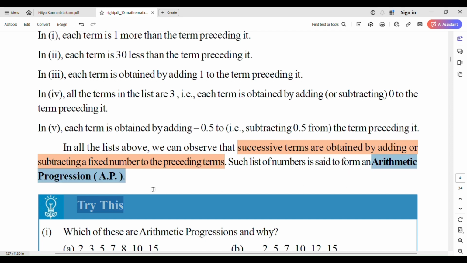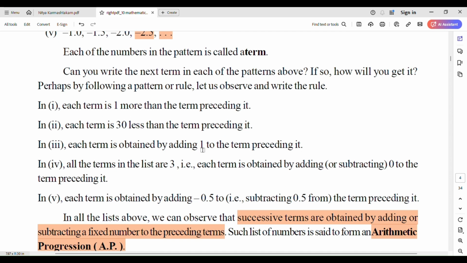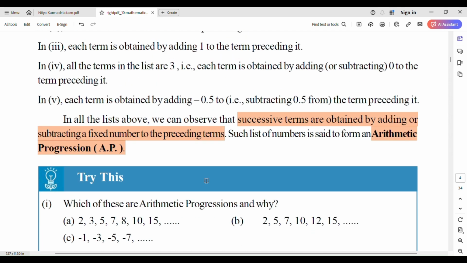This is the definition of arithmetic progression. In an arithmetic progression, the next number is formed by adding a fixed number to the previous number, or subtracting. We are adding here, we are subtracting here, and in the three cases here we are adding or subtracting 0.